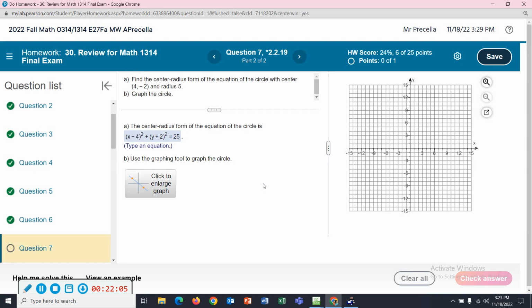Okay. And now we're going to graph it. Well, in order to graph a circle, all you need to know is that center and radius. If you were doing paper and pencil with a compass, you'd put the sharp end of the compass on the center and then move over 5 units. That's what we're going to do here.